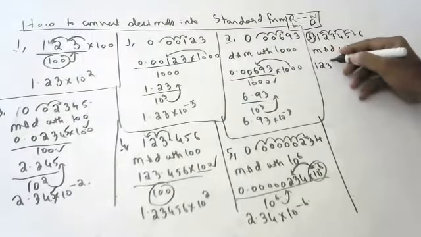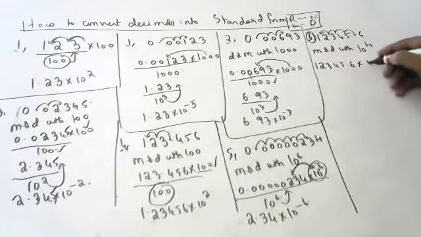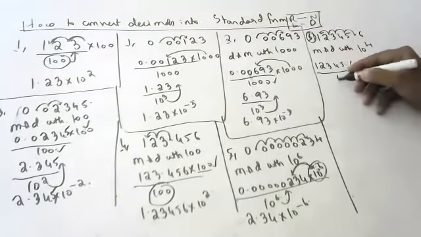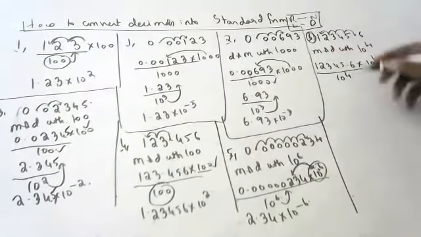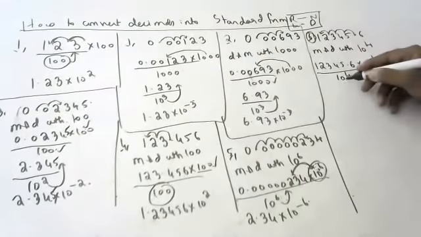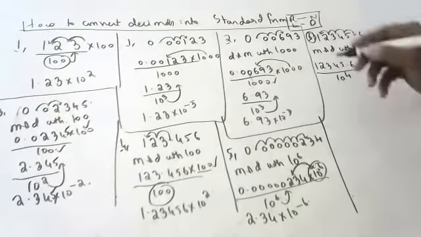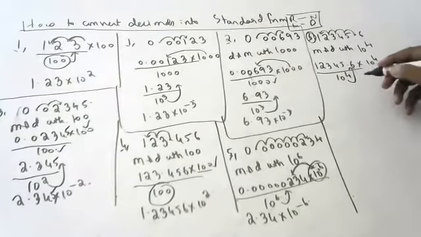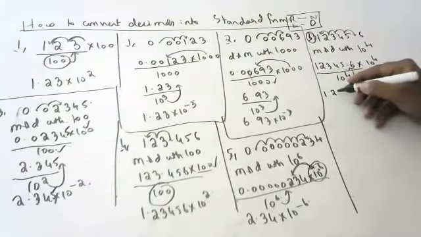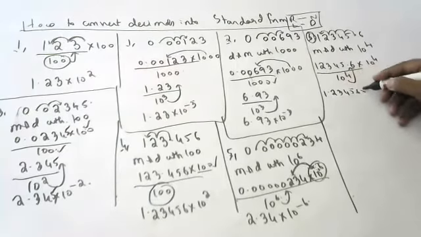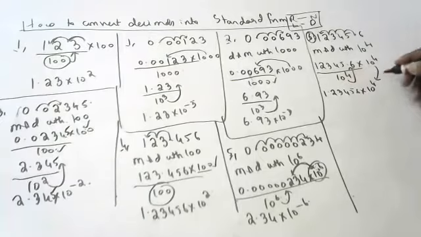So 1, 2, 3, 4, 5.6 into 10 to the power of 4 by 10 to the power of 4. As we are going left, we use numerator or denominator? Denominator. This is used for putting decimal. So 1.23456 into 10 to the power of 4.